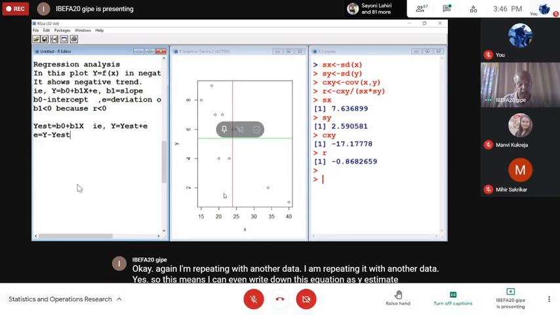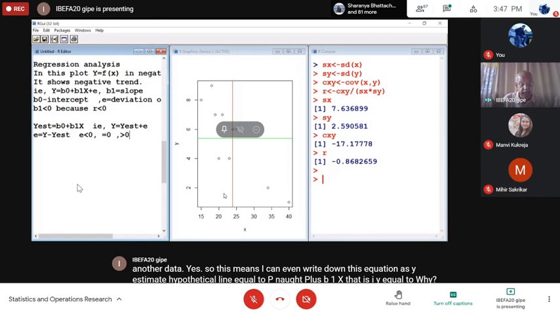Data minus the line. So E may be less than 0, equal to 0, or greater than 0.